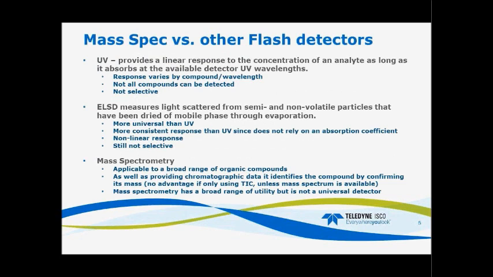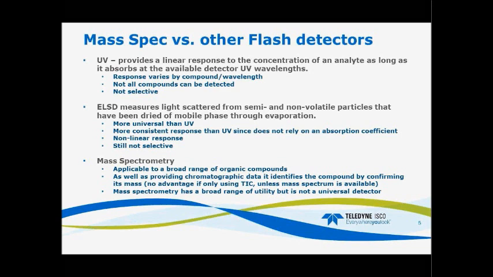Just a quick overview of how mass spec compares to other flash detectors. Most common is obviously UV detectors. UV detectors give a nice linear response. Not all compounds can be detected because a compound has to have some single-double bond conjugation to absorb in the UV.